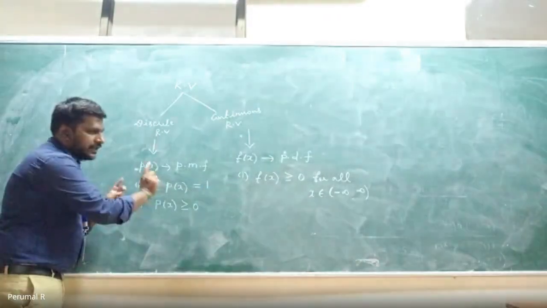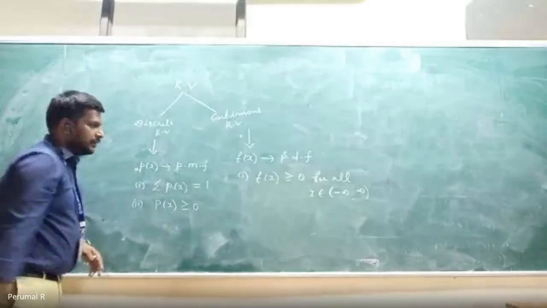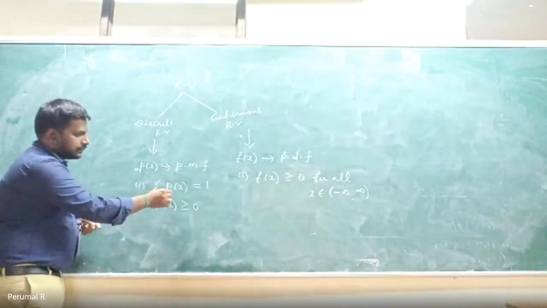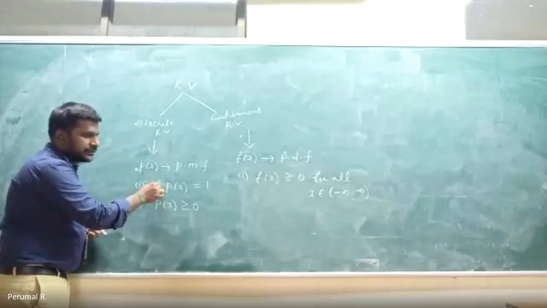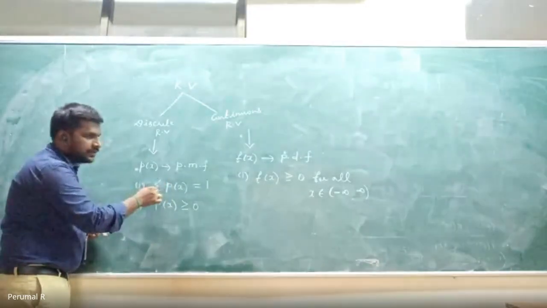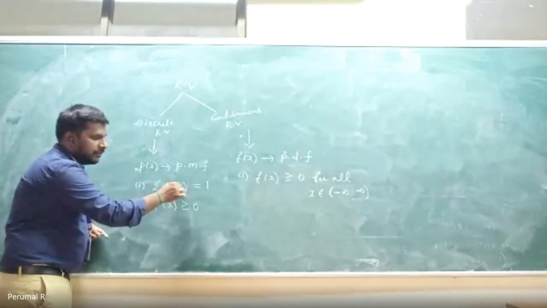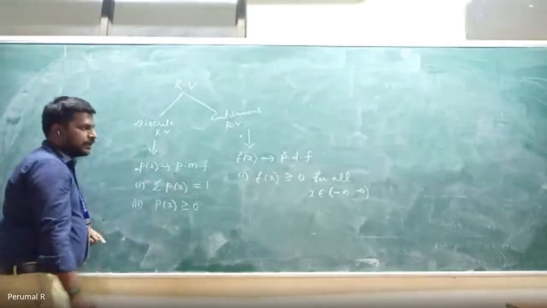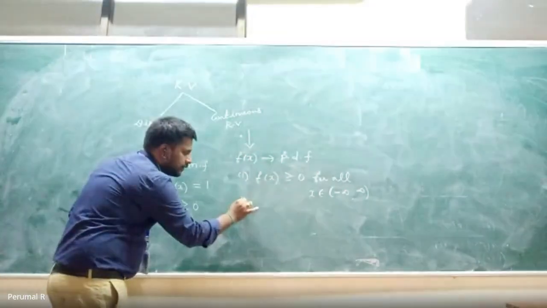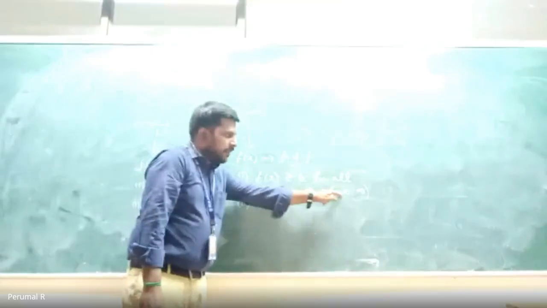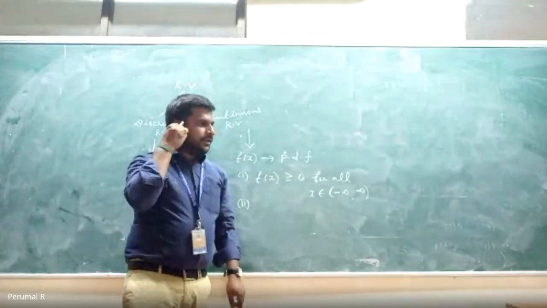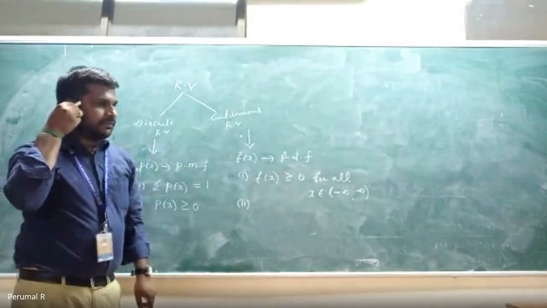Here also p of x is greater than or equal to 0 for all your x values. The sum of all probability values should be denoted by the summation of the probability distribution function, equal to 1. How to define it here? Here you have the interval minus infinity to infinity. How to sum?